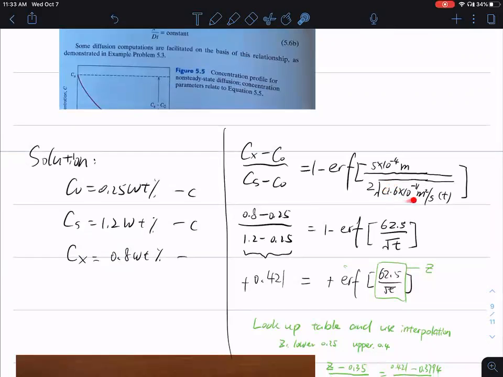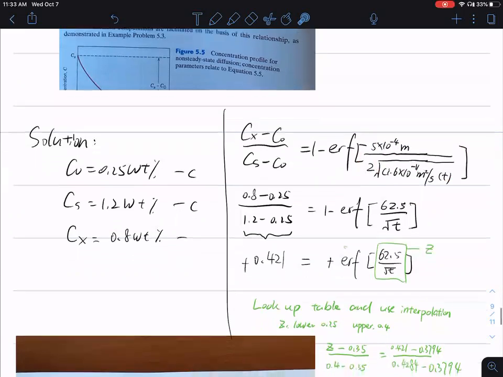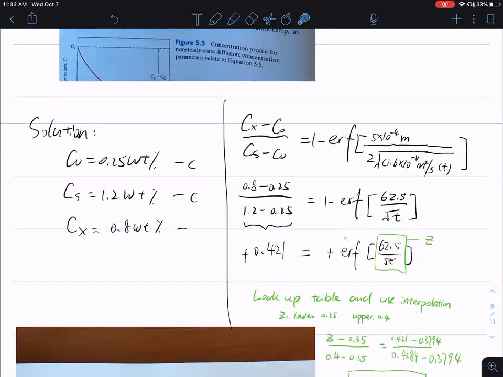So that's where your diffusion coefficient is, and that value can be very small. So in total, this whole value inside your error function can be very large, and you will end up with a much longer time.